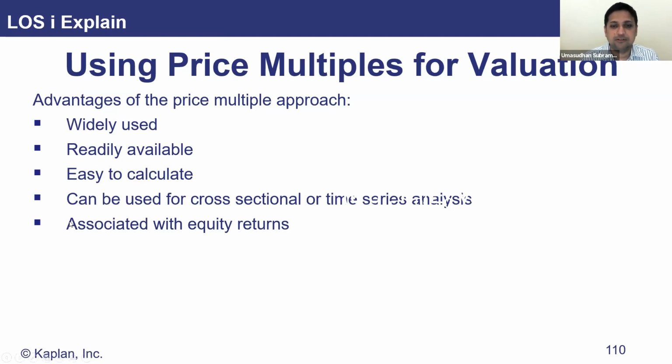People also say that price multiples are related to equity returns. Historically, as per empirical evidence, companies with low price to book and low price to earnings have outperformed companies with high price to book and high price to earnings in the long run.